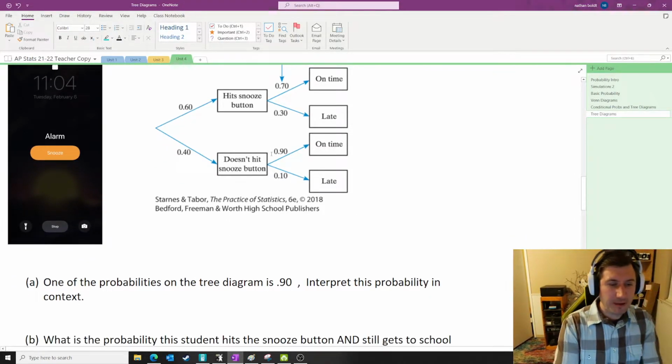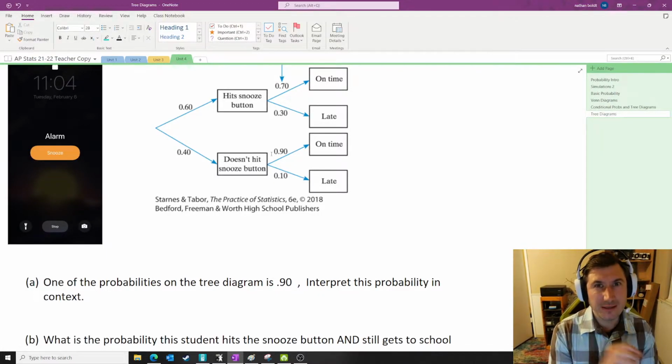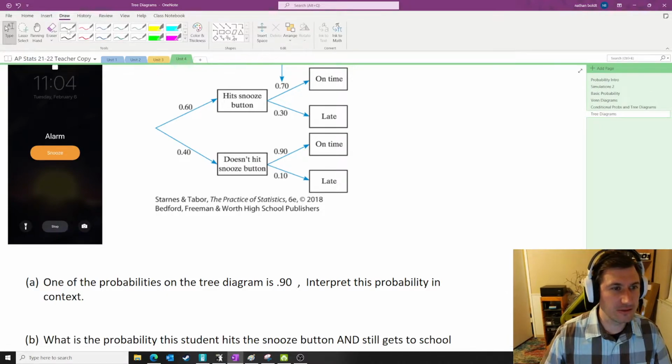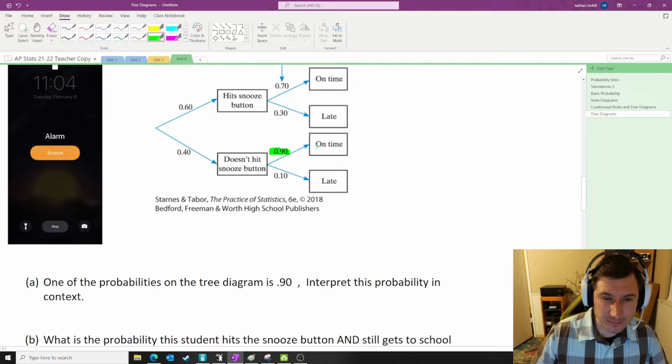So, letter A, one of the probabilities on the tree diagram is 0.90. Interpret this probability in context. All right, so where is our 90? Right here. So that is the probability that they will be on time given they don't hit the snooze button.